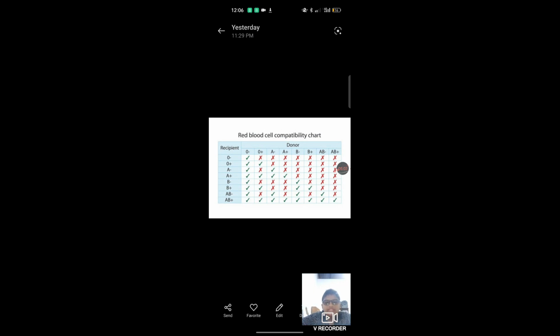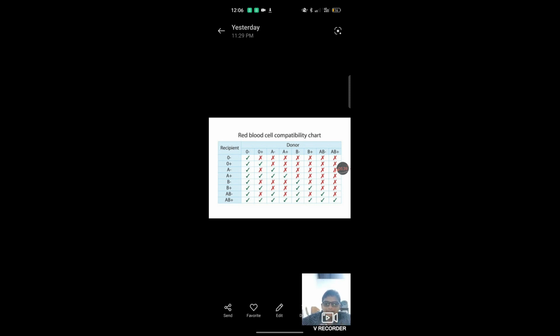That means if one person has the blood group AB, that person has both the proteins, A and B. Some have O. O means no protein. Both the proteins A and B are absent. That's how these blood groups are made.